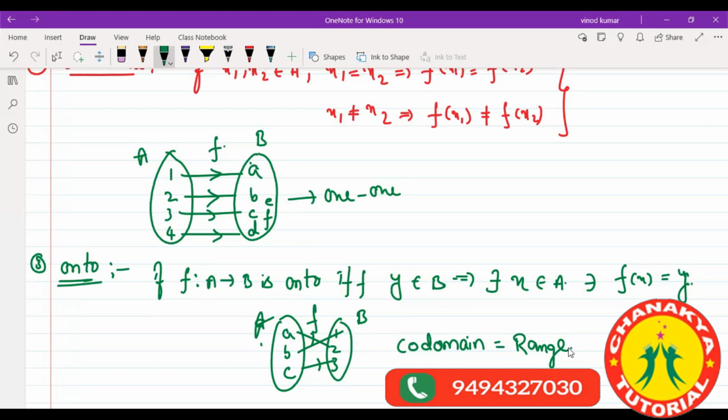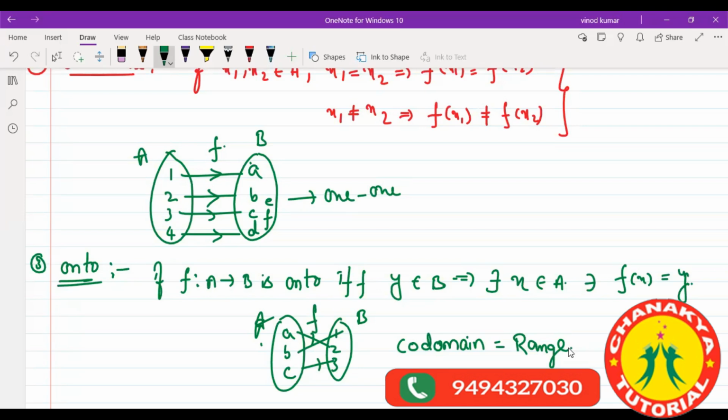Suppose some chairs are not filled, that is only one-one. Each chair is compulsorily assigned to only one person, not two persons. If a chair could be assigned two persons, that is not a function.